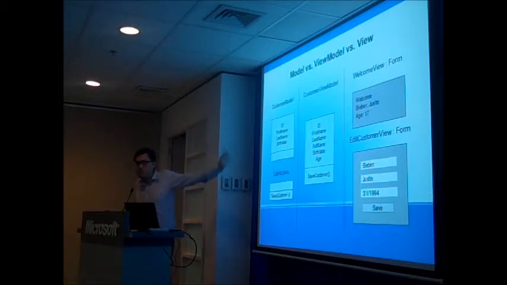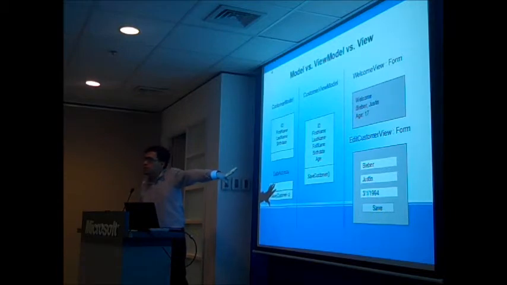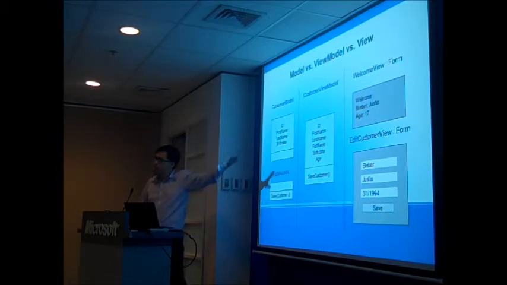So what are the advantages of this kind of model? It's hard to test user interfaces. In order to do that, you'll have to click open forms and do some kind of automation with the mouse and keyboard. But if you just take the model and the view model, these are just code. So you can do code-based unit tests, and you can test your code with just the view model and model.